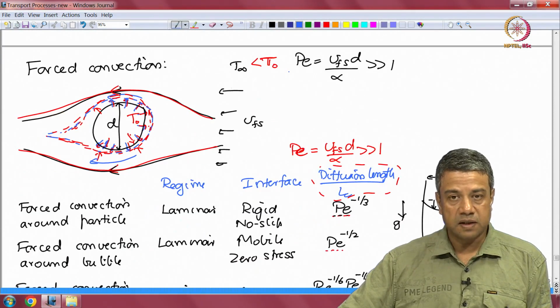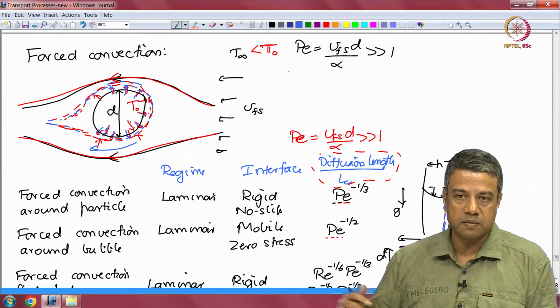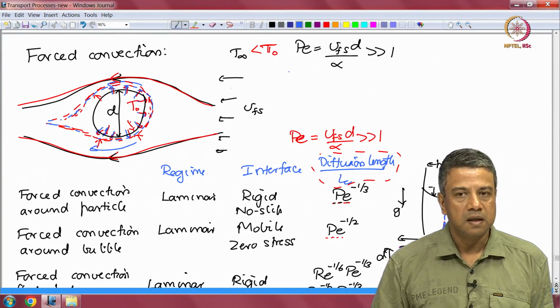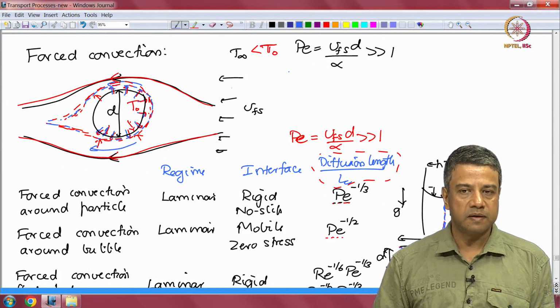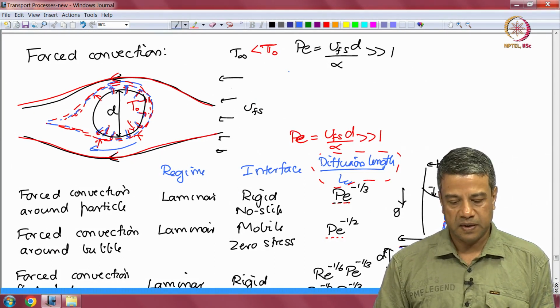In the case of natural convection, the length scale for diffusion is much smaller, because any mass or energy diffusing from the surface gets rapidly swept downstream by the strong convection.